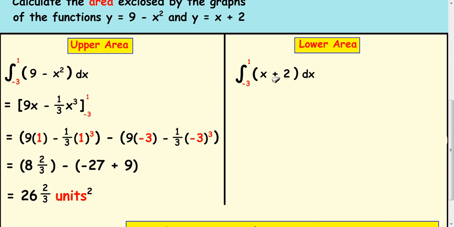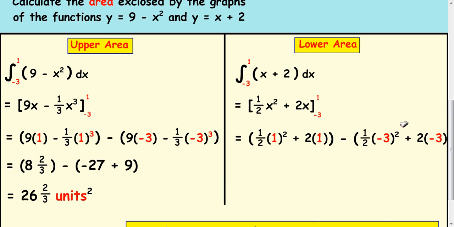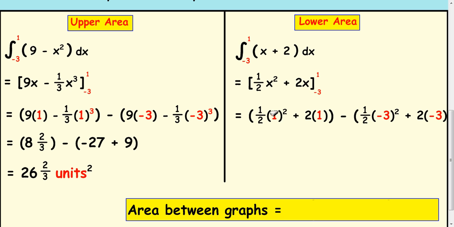Okay, our lower area, if we integrate x plus 2, add 1 to the power, you get 2, so a half x squared plus 2x. Sub in the 1 to both parts, do a takeaway, and then sub in the -3 to both parts. It's going to look like this. So we're going to get a half times 1 plus 2 times 1, so that's 2.5.